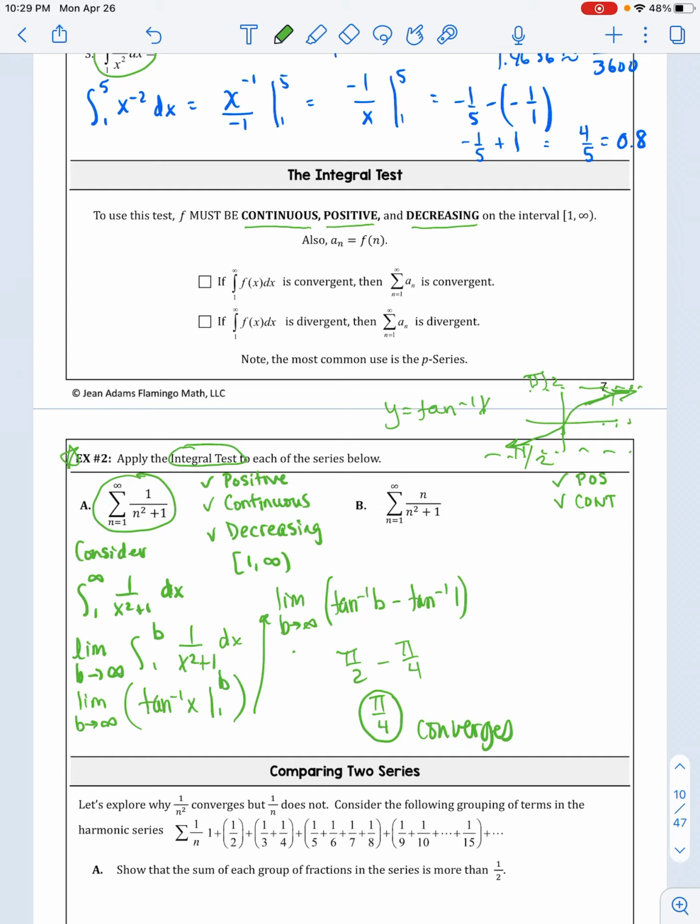Is it going to be continuous? Since n squared cannot be -1 by any means, you're not going to have division by 0. So that means it is continuous for all values. And then the last thing, is it decreasing?